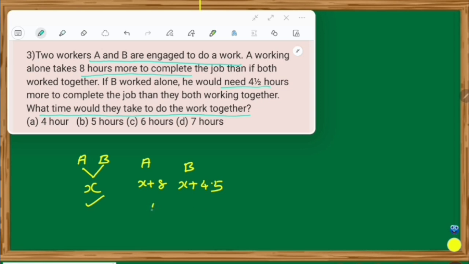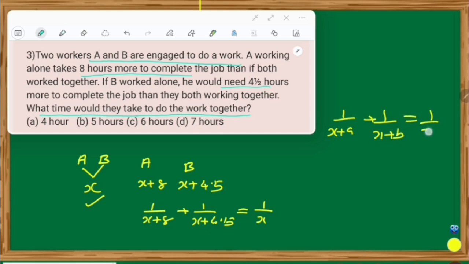The efficiency of A is 1 by X plus 8, plus B is 1 by X plus 4.5, that's equal to 1 by X. So we use a simple shortcut here: X is equal to root AB.